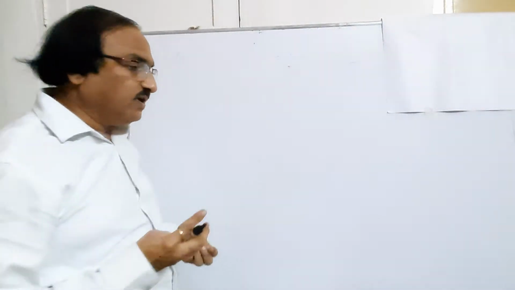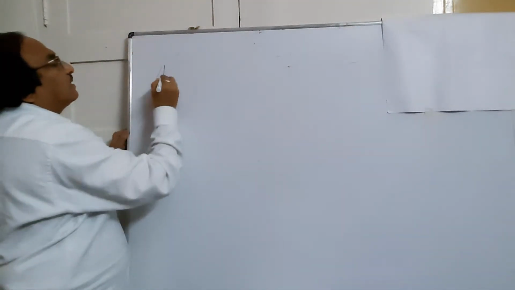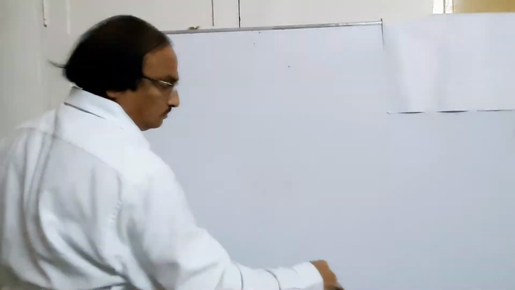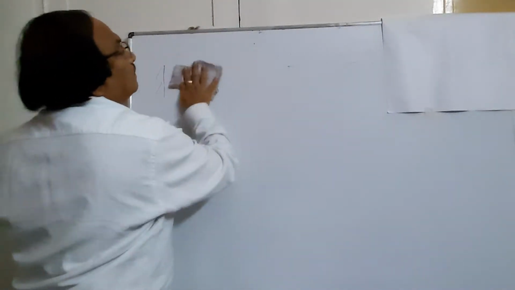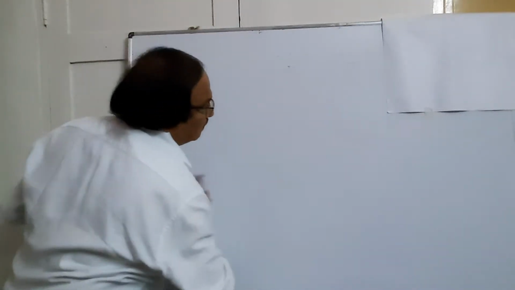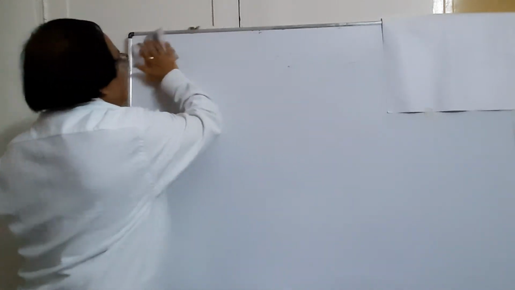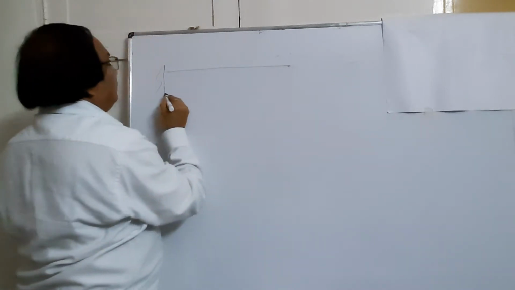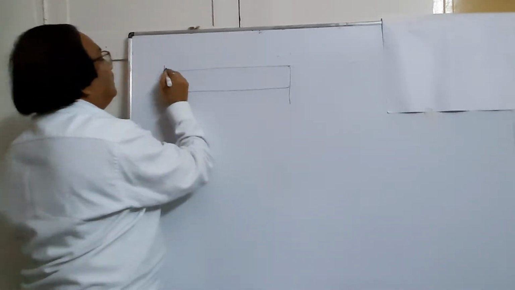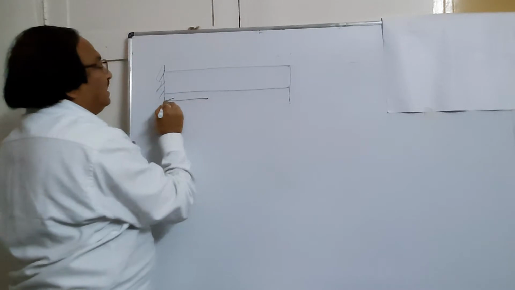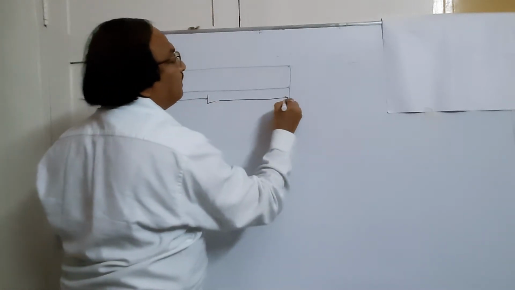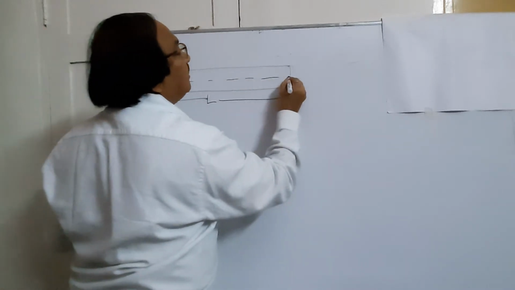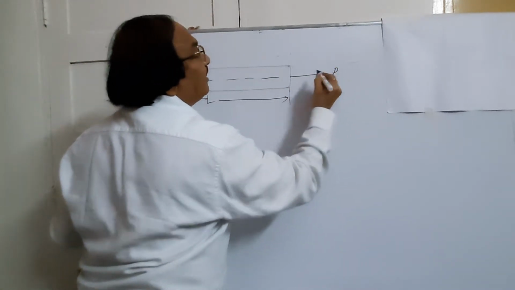Now here, going further, if I take a bar and fix it at one end, and the length of the bar is say L, now I will apply an axial load to this, a normal load.